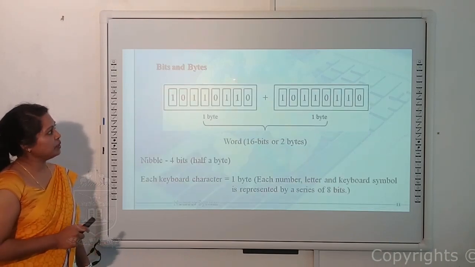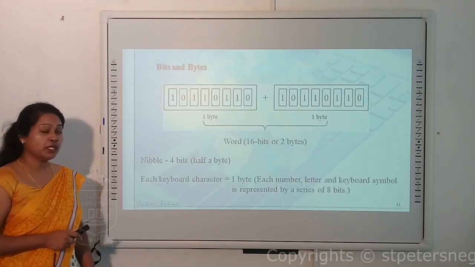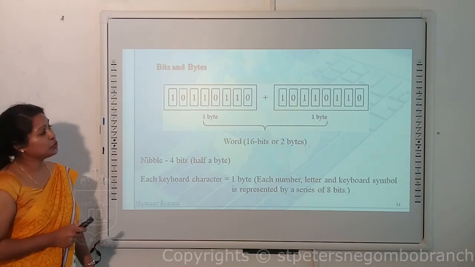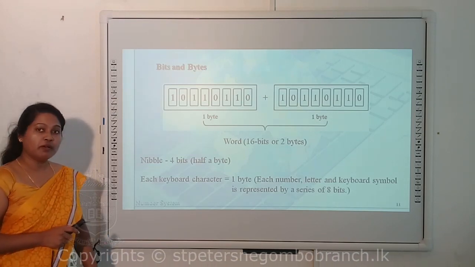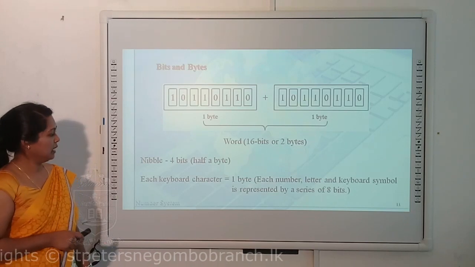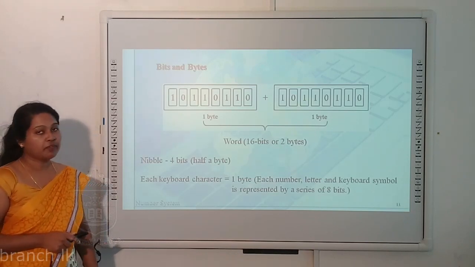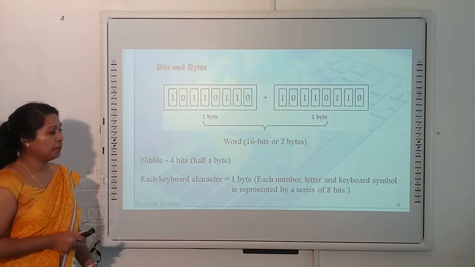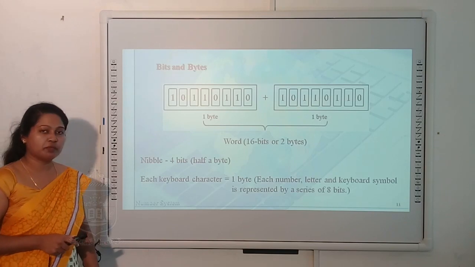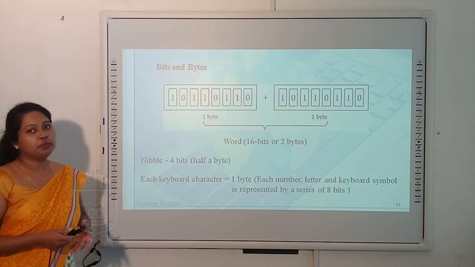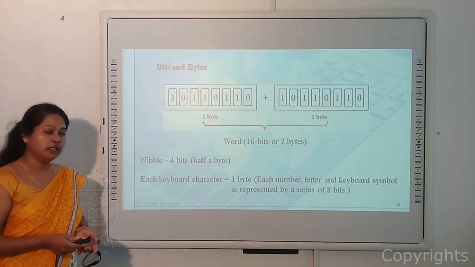A series of 16 bits means 2 bytes. Then 2 bytes equal 1 word. Each keyboard character is also equal to 1 byte. Each number, letter and keyboard symbol is represented by a series of 8 bits. It means 1 byte.